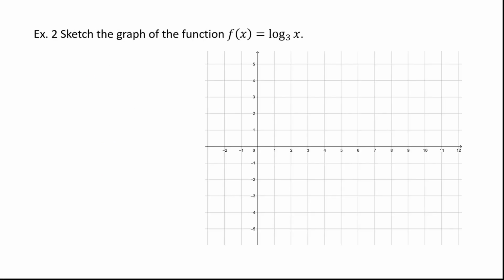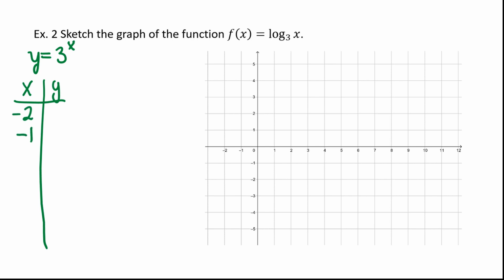Sketch the graph of the function f of x equals log base 3 of x. To get started, I might be inclined to find points for y equals 3 to the x, which is the inverse function. If I were to make a table of values using a t-chart, let's choose -2, -1, 0, 1, 2, and 3 for the x values.